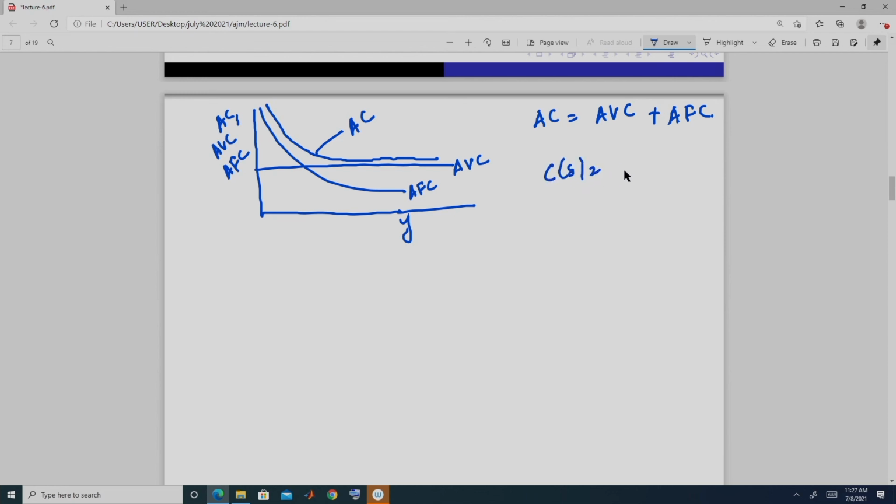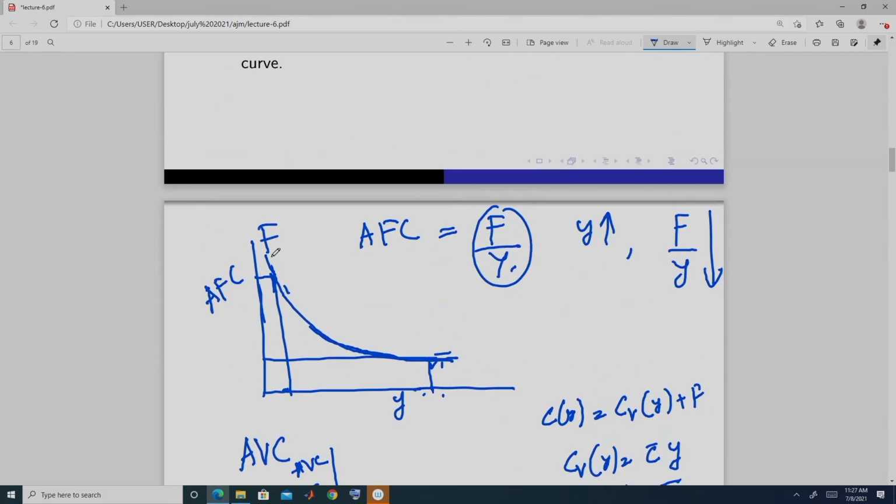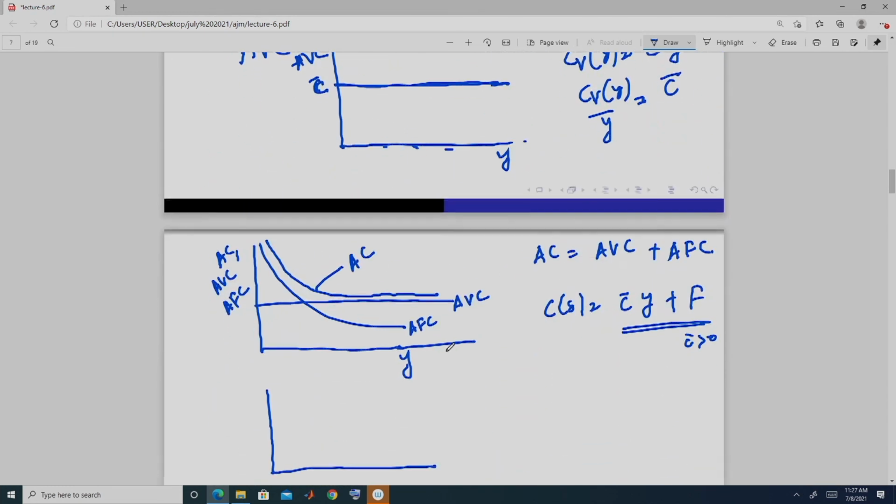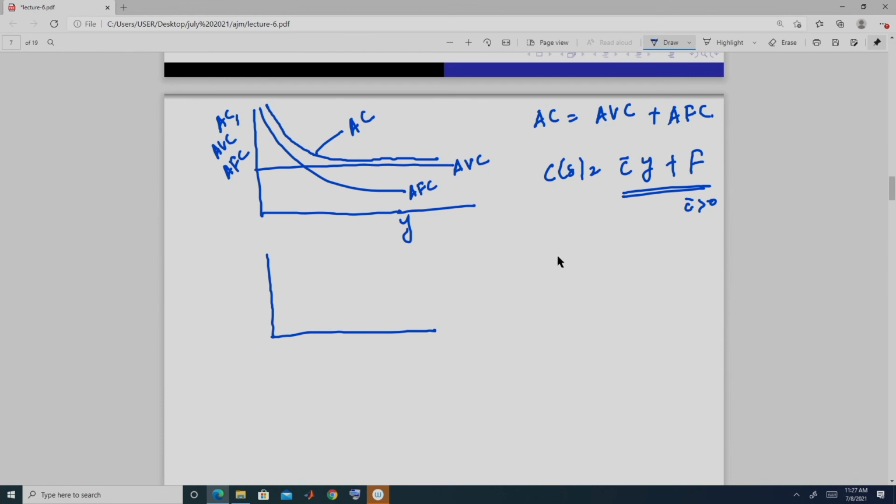So, we get this kind of average cost curve, average variable cost curve. For example, if the cost function is of this nature, where C bar is some positive number. Now, we may have a different set. Average fixed cost is always going to be of this nature. Our average variable component, or the cost coming from the variable component, can be of this nature also.